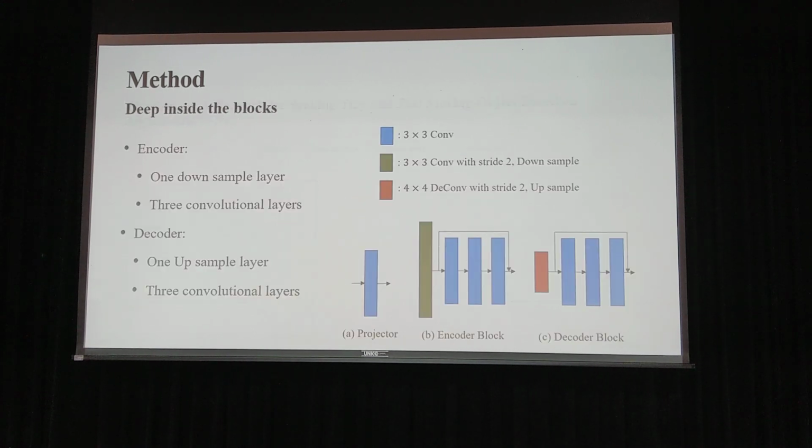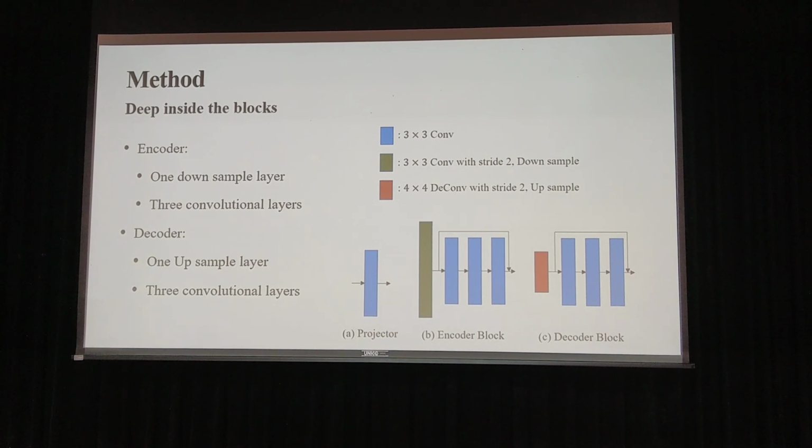width and height. To explore more details of the architecture in TinySeeker, here I'm going to introduce what is inside the encoder and decoder blocks. In each encoder block, 1 3x3 downsample layer and 3 convolutional layers are included.